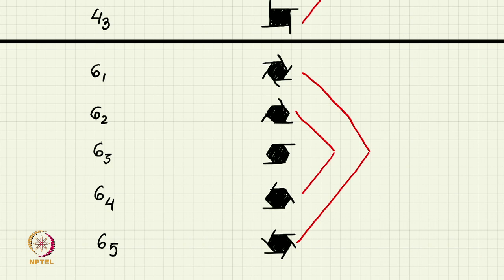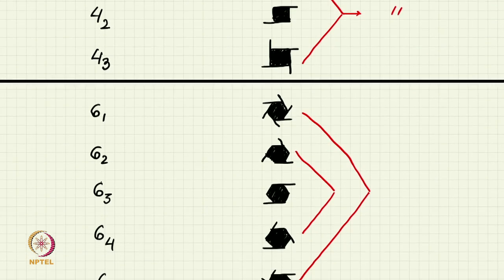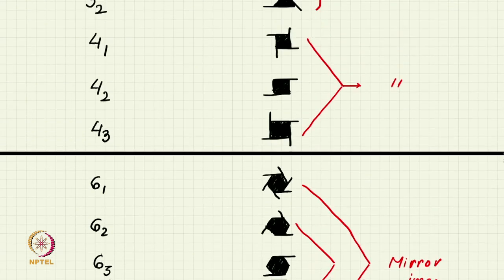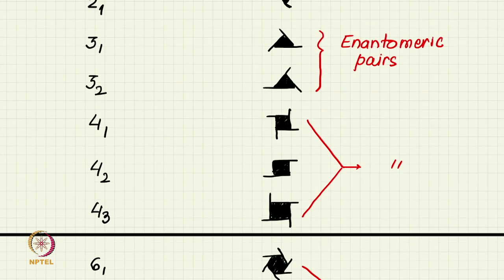So in fact, that is why the notation of using opposite extension, which I was showing you, that the arms are extended in opposite sense, is to show that they are mirror images of each other. These are also mirror image pairs. 4 2 is achiral, thus does not have handedness.